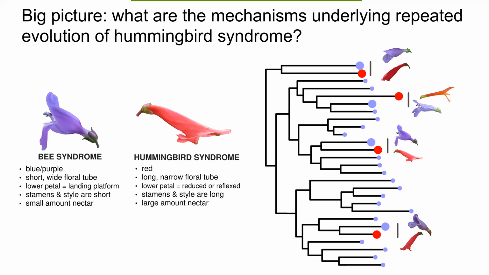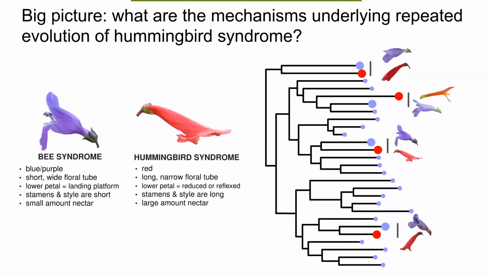Within this, most of them have what's called bee pollination syndrome. They tend to have shorter, wider, blue-purple flowers. They have shorter stamens and styles, and they make pretty little nectar. Hummingbird-pollinated ones are defined by a set of really characteristic traits. They make a bunch of nectar.